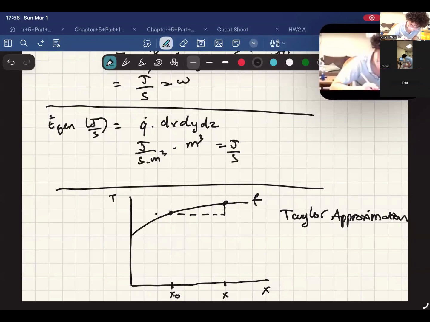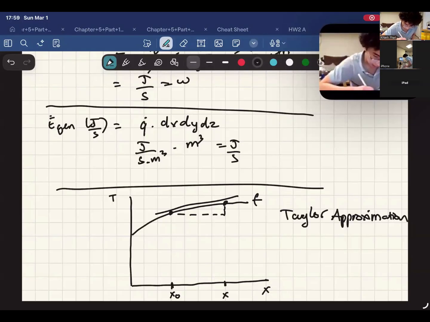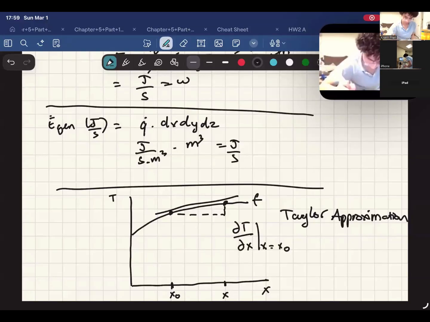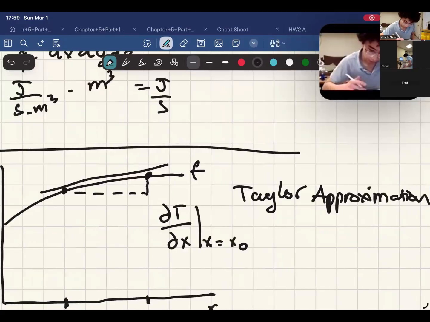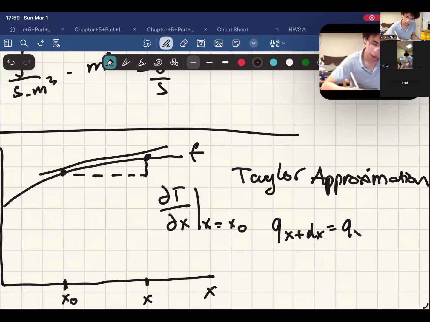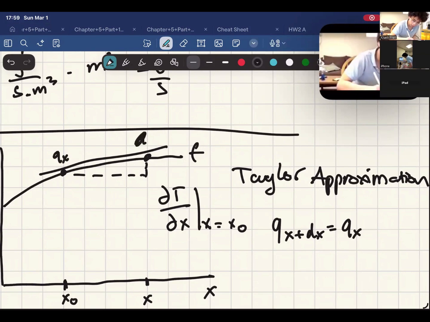We can find the slope because the slope is pretty similar linearly. In this case, the slope would be dT over dx at x naught. So over here we would have q at x plus dx is equal to q at x, like the heat flows over here and the heat flows over here.